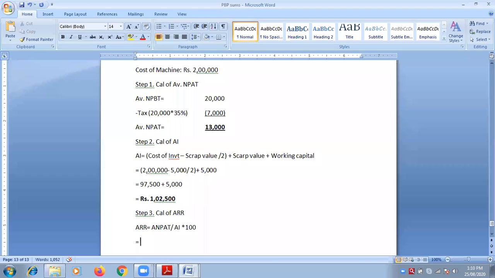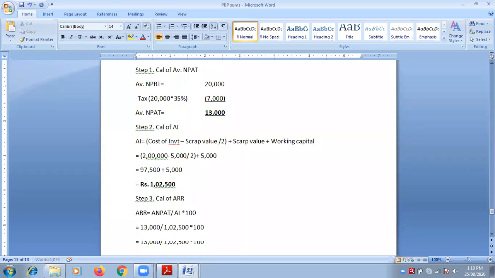Average net profit after tax means the answer of step number 1, 13,000, divided by average investment, the answer of step number 2, 1,02,500, into 100, because we have to convert the answer into percentage. So my final answer is 12.6.